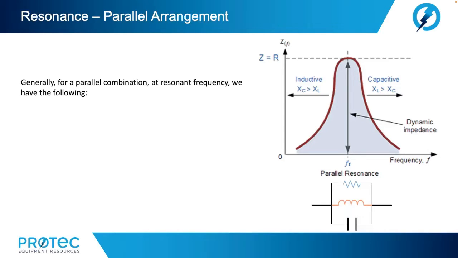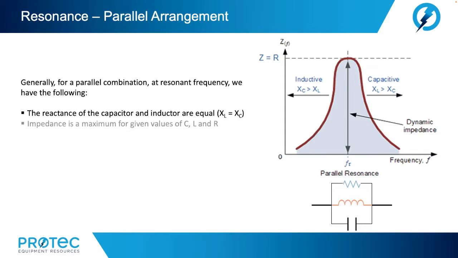Now, again, generally for a parallel combination at resonant frequency, we have the following. The reactance of the capacitor and inductor are equal. Impedance is maximum for given values of capacitance, inductance, and resistance. The impedance of the circuit is equal to the resistance of the circuit.